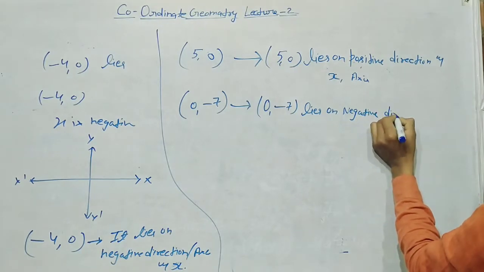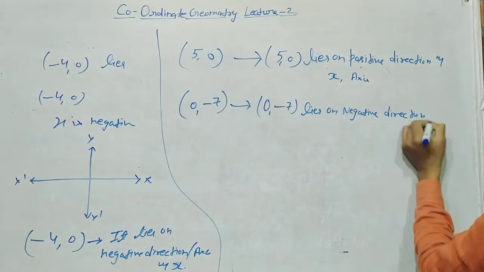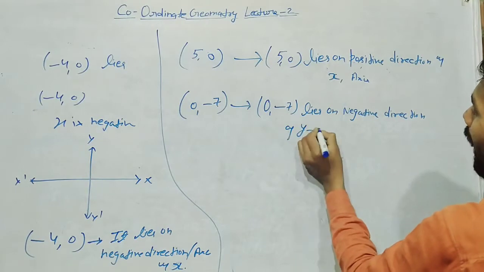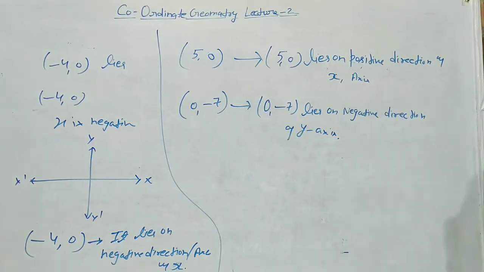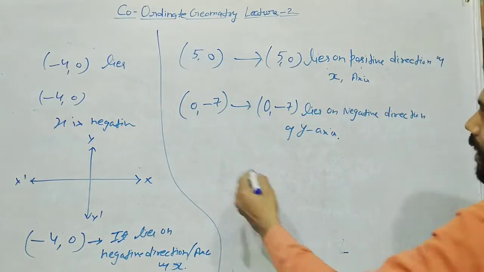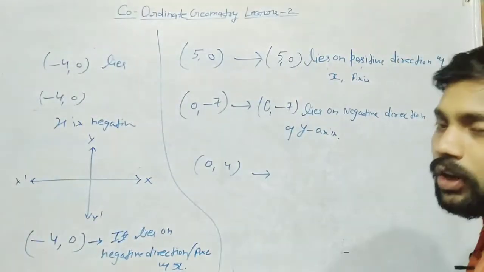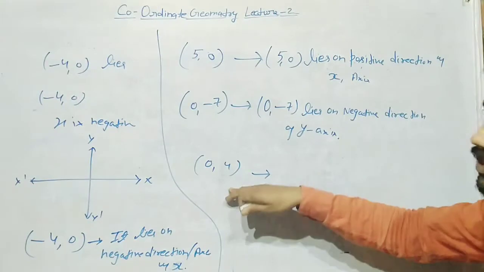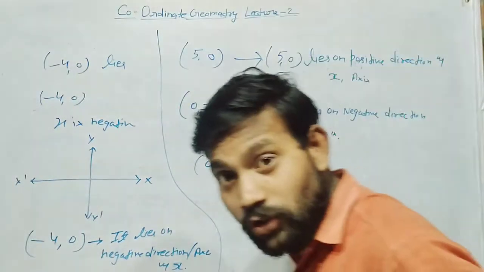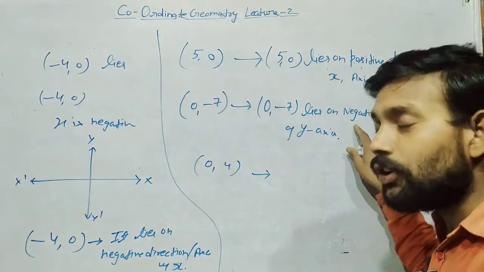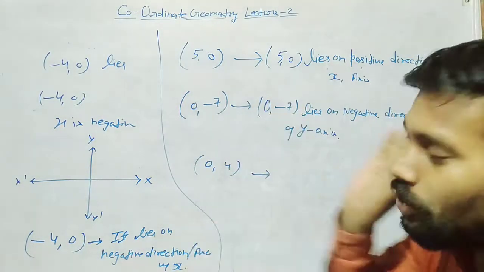It lies on the negative direction of the y axis. In a similar way, take (0, 4). Here x is 0, so it lies on the y axis, but y is positive, so instead of the negative direction it lies on the positive direction.